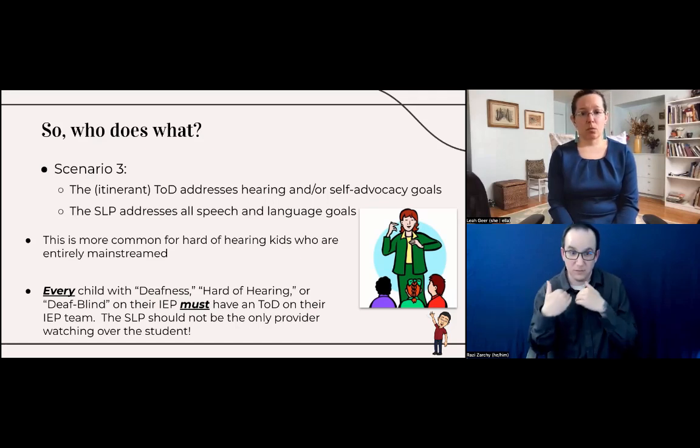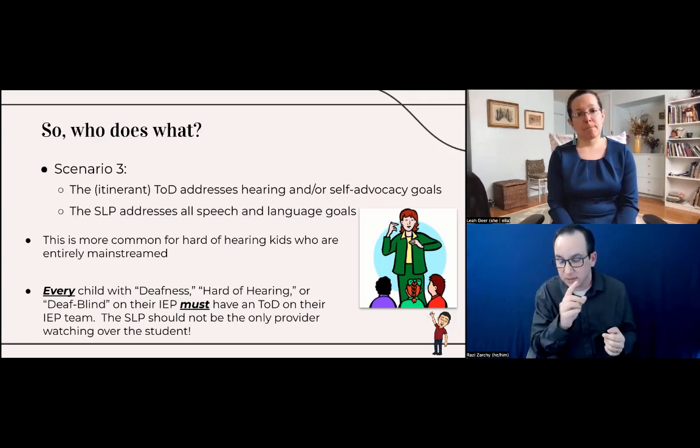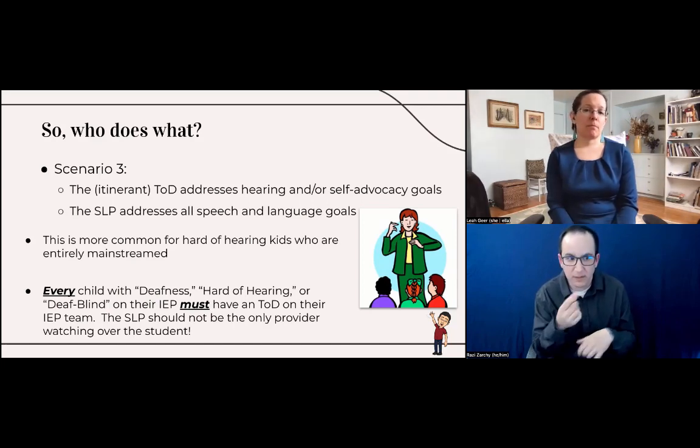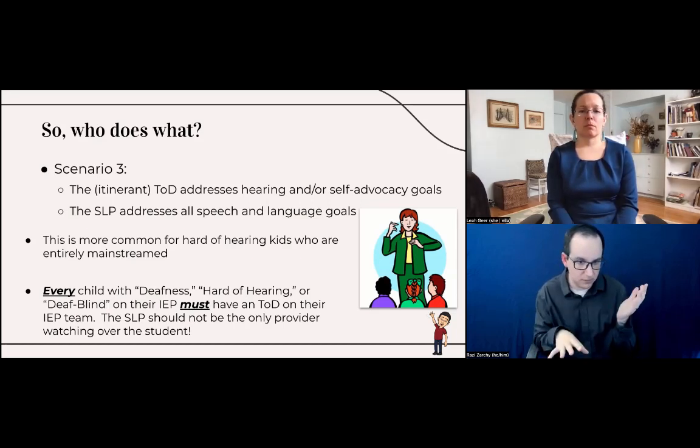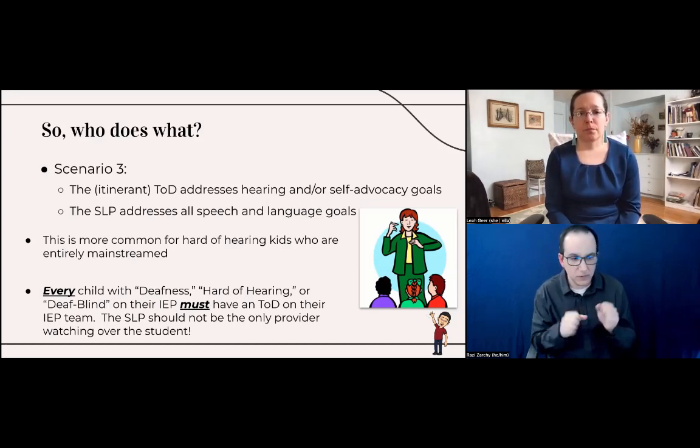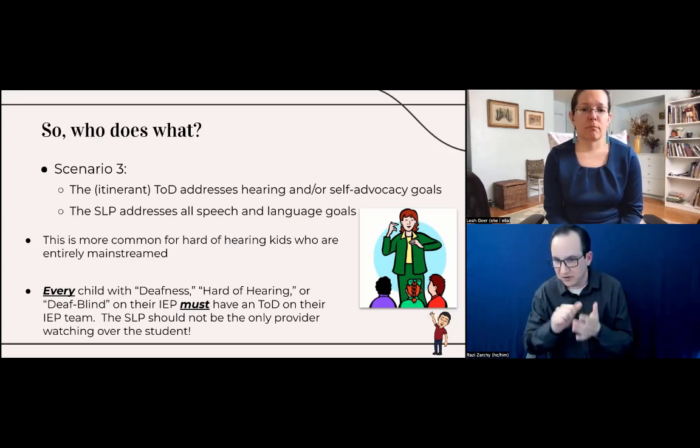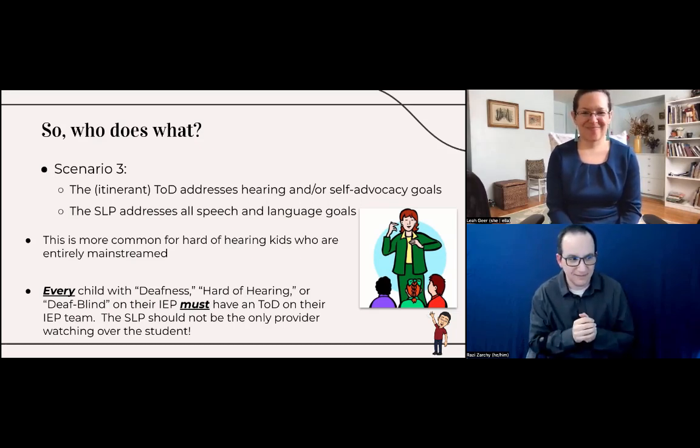That means you aren't fully taking on the responsibility of everything for this specific student. Even if the teacher of the deaf is just joining for a one-time consult, you still have to have a TOD who has been in contact with this student. That's a whole other discussion with special ed, but just an FYI.